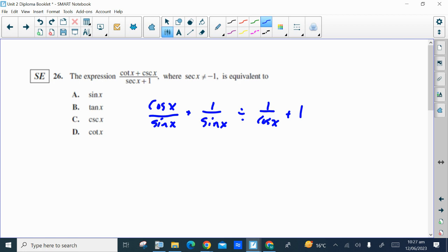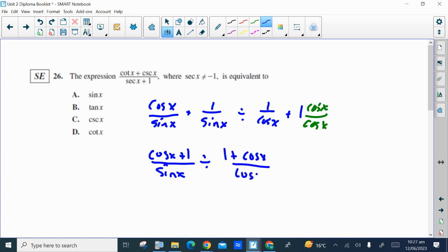To do the addition parts, we need common denominators. This first section does have a common denominator of sine x, so it'll be cos x plus 1 all over sine x. But for the second part, we need a common denominator of cos x. So we would make 1 equal to cos x over cos x. So this will be 1 plus cos x all over cos x.